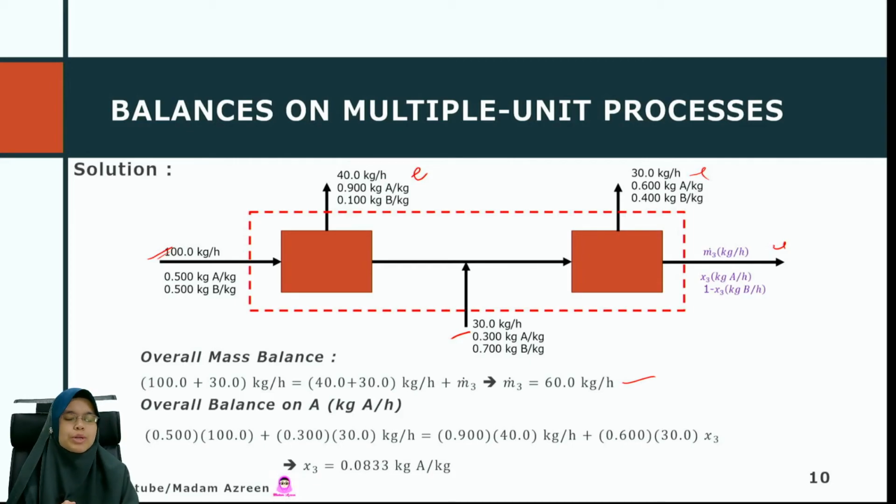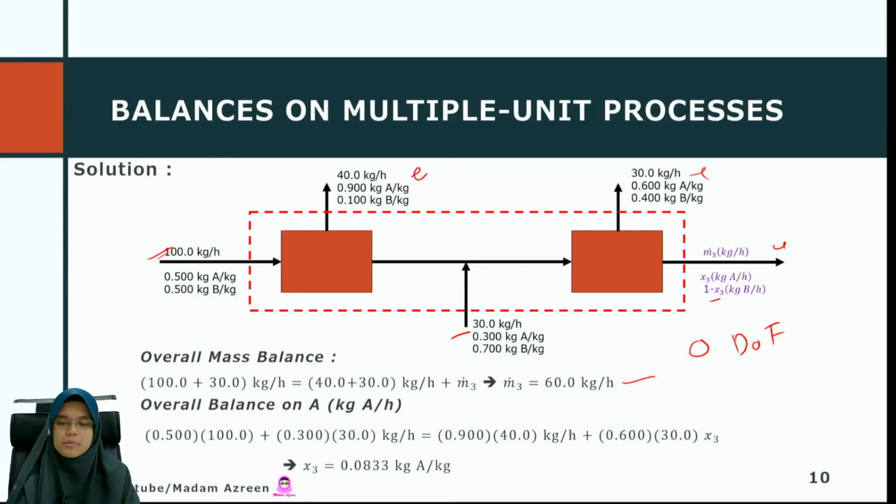Same goes when we do an overall balance on A, we manage to get the value of x3. As you can remember, here we have 0 degrees of freedom. So the tip is solve for 0 degree of freedom first.